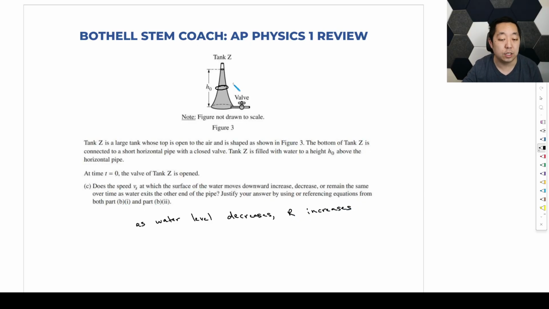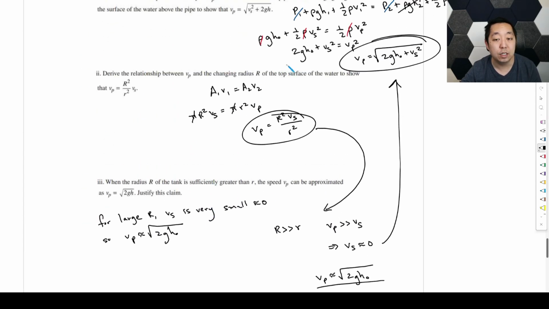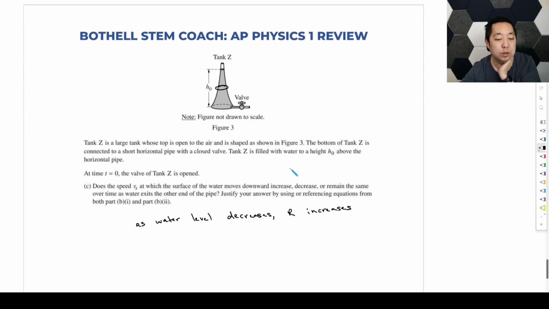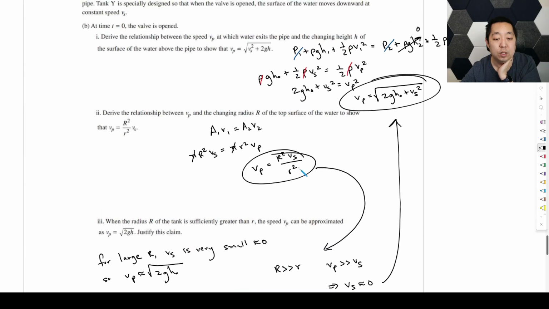So if we look at our equation here, if r increases, then the vs is going to slow down, right? The vs is going to go down, assuming the vp is about the same. Well, actually, I guess you don't necessarily assume that the vp is the same. So when the r increases, vp goes up, but the vs is going to kind of go down.